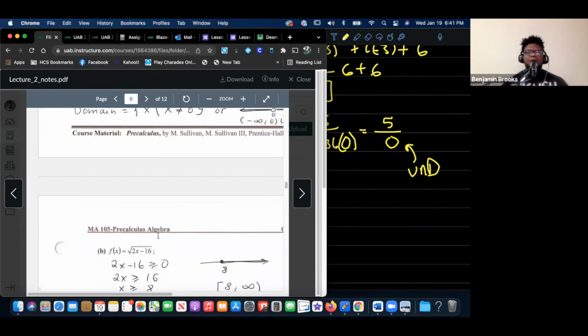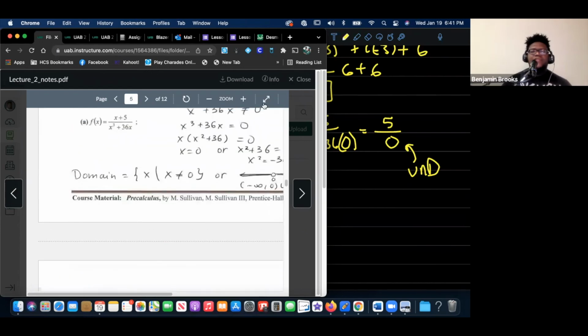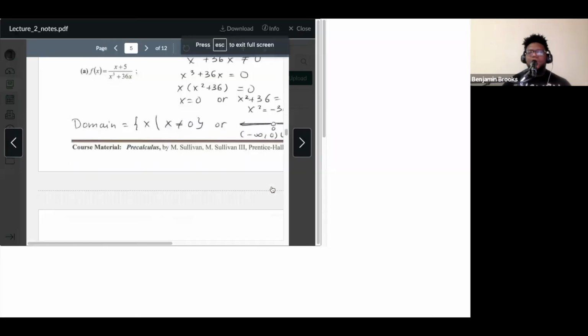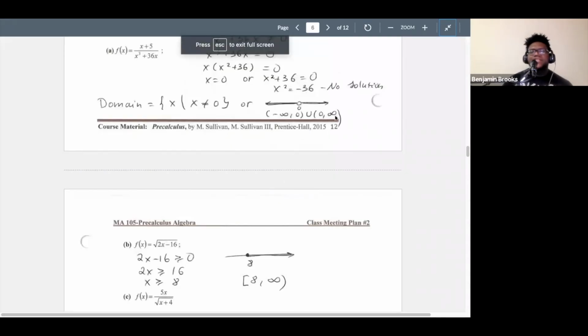And that's it. Now, in terms of interval notation, I want you guys to note the interval notation here. Basically, what I'm saying is my x value could be anything negative. I could be at negative 1,572,000.